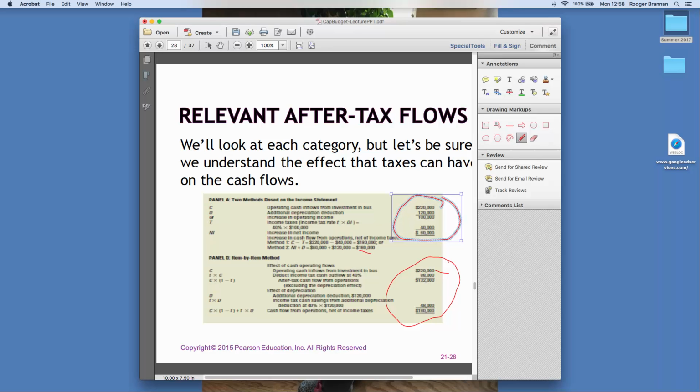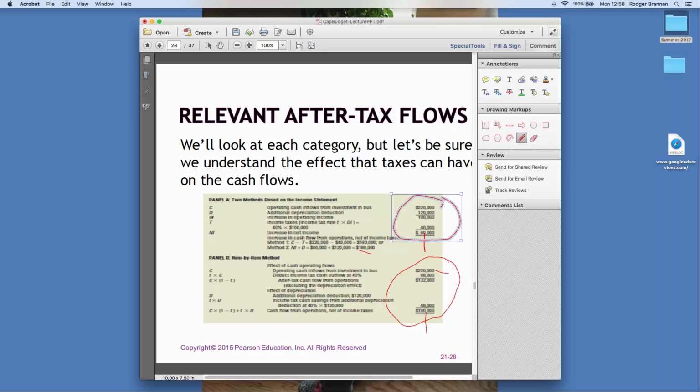Now I can kind of look down here and say, okay, gee whiz, what would it be? This is assuming that I have the $220,000, that I'm also going to pay the $88,000, so I'd have $132,000 left over, but it also takes the depreciation times 40%. It's a little bit more difficult to understand what it is that they're trying to get at.